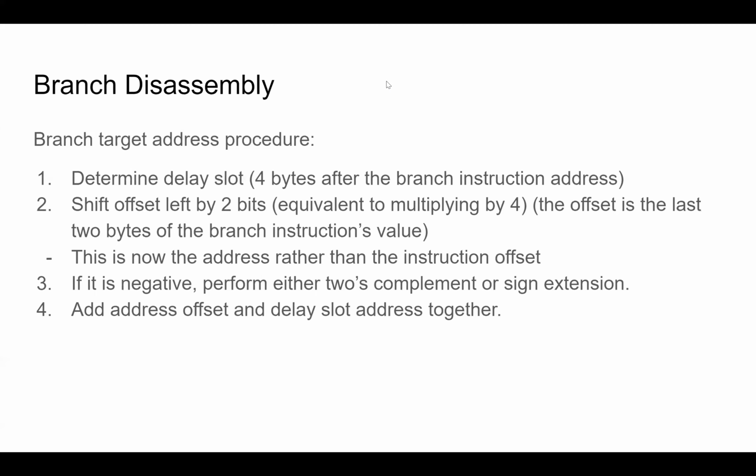Okay, branch disassembly. This will look pretty similar to some slides Professor Marr had in his exam review, because I think he did a pretty good job covering it: the procedure of determining the delay slot, and the mathematical steps you take to get the target address.